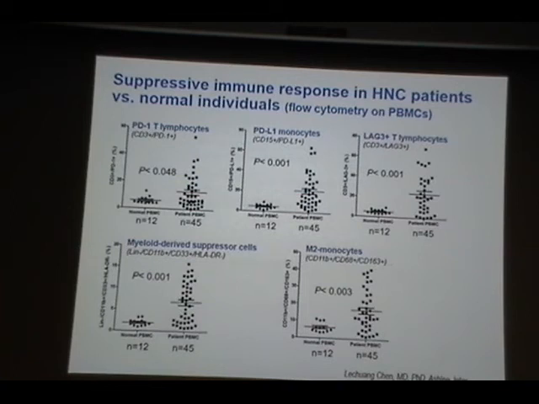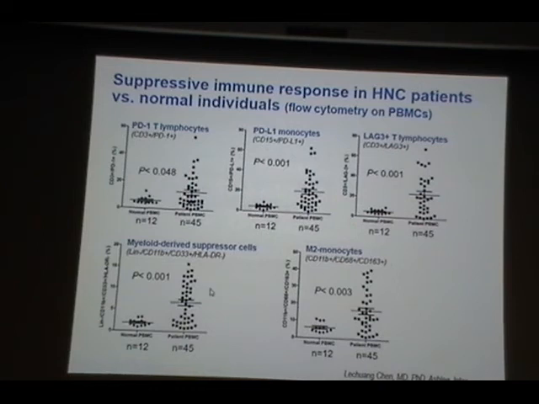For example, PD-1, programmed death 1, is a receptor on T cells. Activation of PD-1 can cause T cell inactivation and T cell exhaustion, so they lose the ability to be activated. PD-L1 is a ligand for PD-1, and TIM-3 is another inhibitory co-stimulatory receptor on T cells.